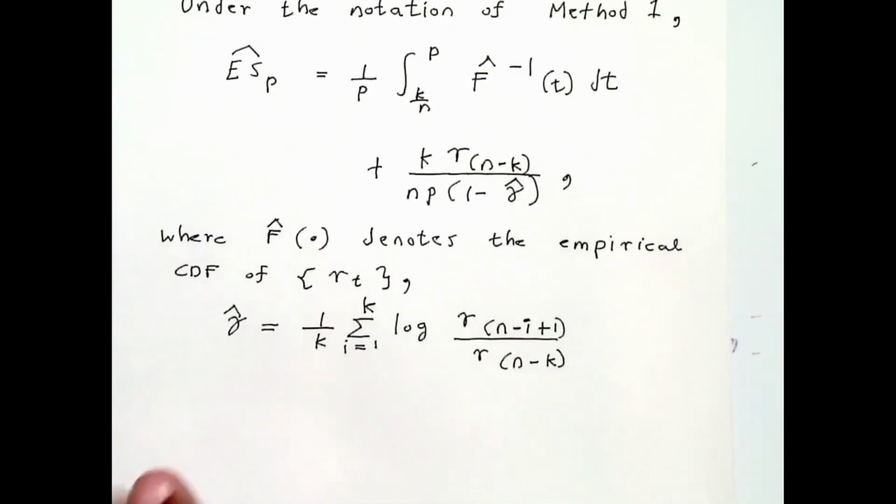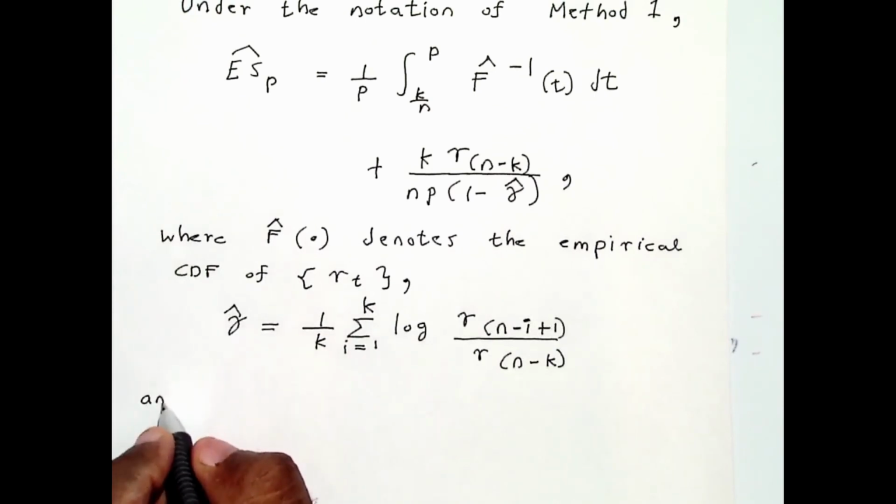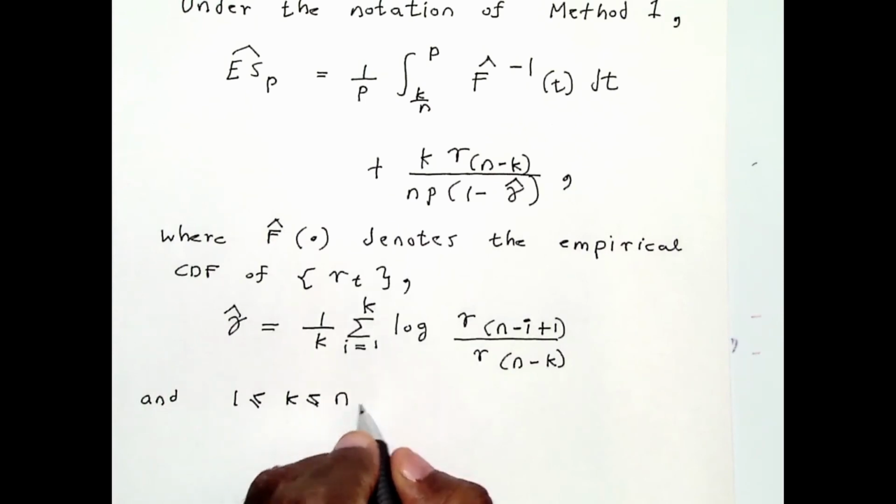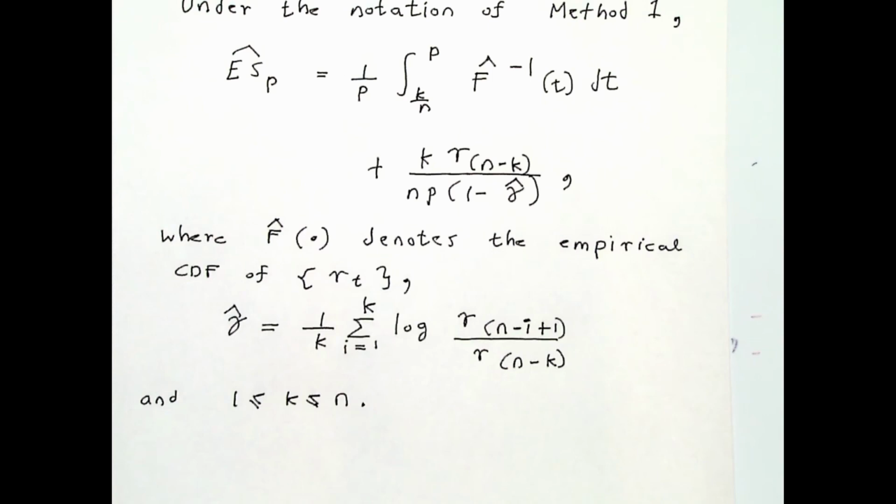Right, and k is a number between 1 and n. N is the sample size. Alright, so this is the second method for estimating expected shortfall semiparametrically.